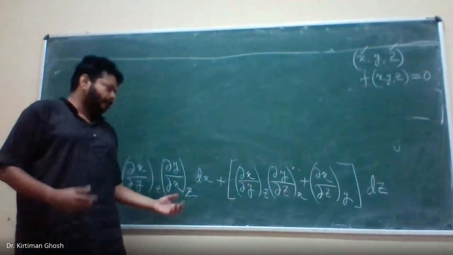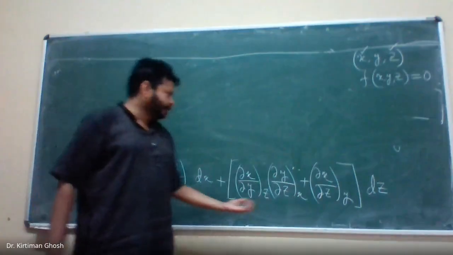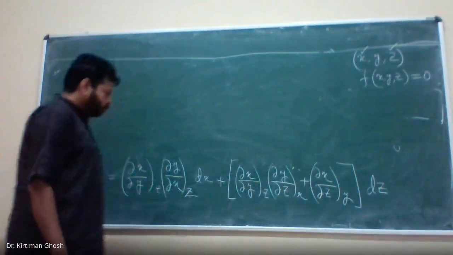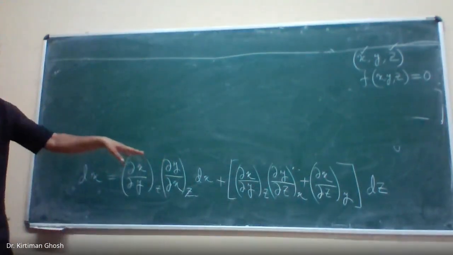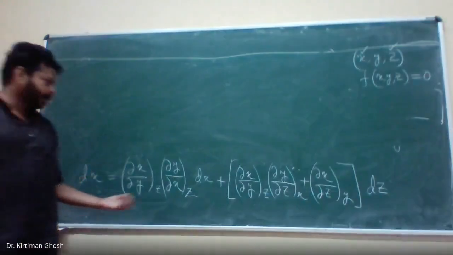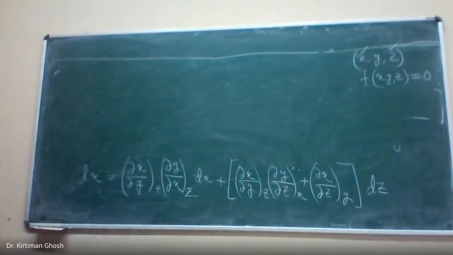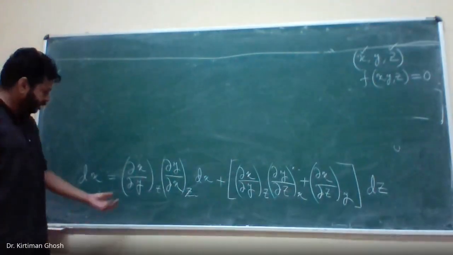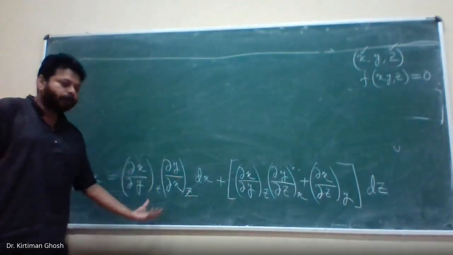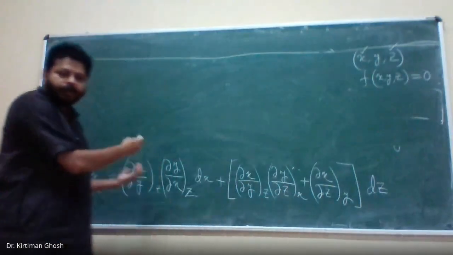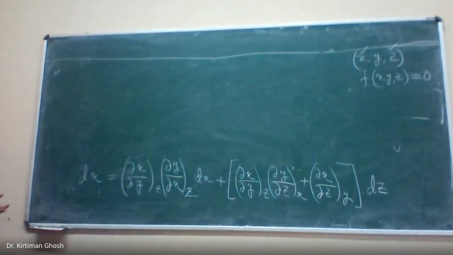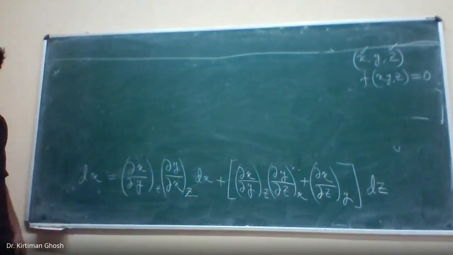So I am allowed to vary dx and dz independently. This relation should hold for any arbitrary value of dx and dz. If it holds for any arbitrary dx and dz, you can say that this should be equal to 1 and this should be equal to 0. Otherwise, this relation will not hold if I vary dx and dz arbitrarily.